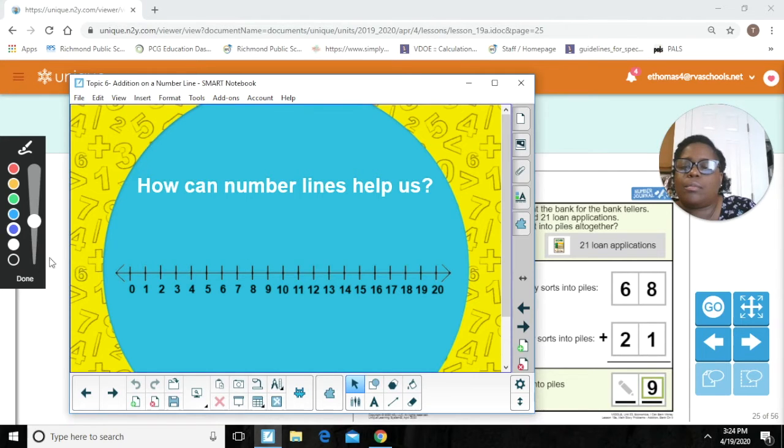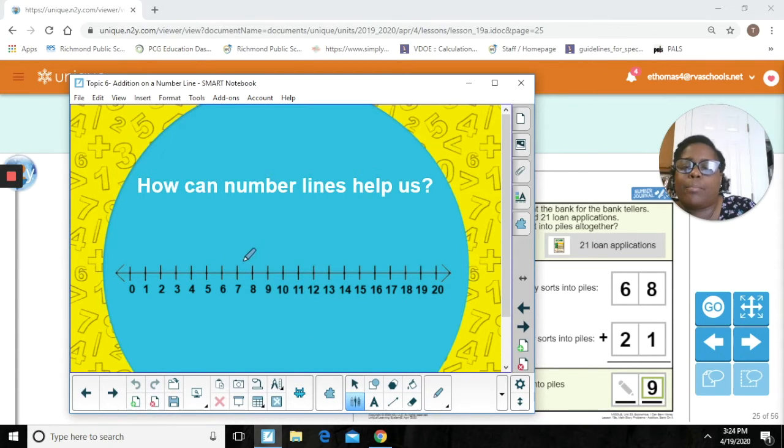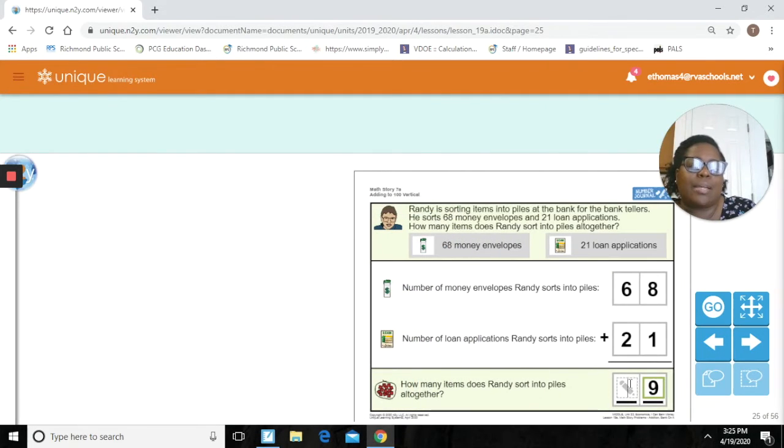So we start with number 6, and we're going to hop forward how many spaces? 2. Let's do it. 1, 2. What's our answer? 8. Okay. Let's write that in or type it in.